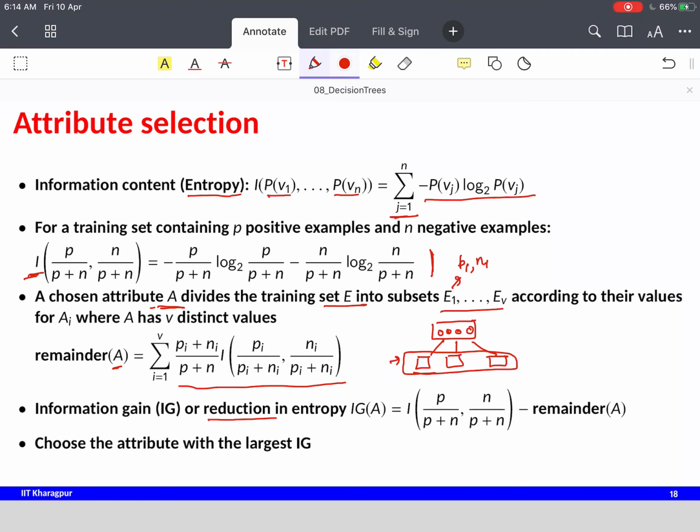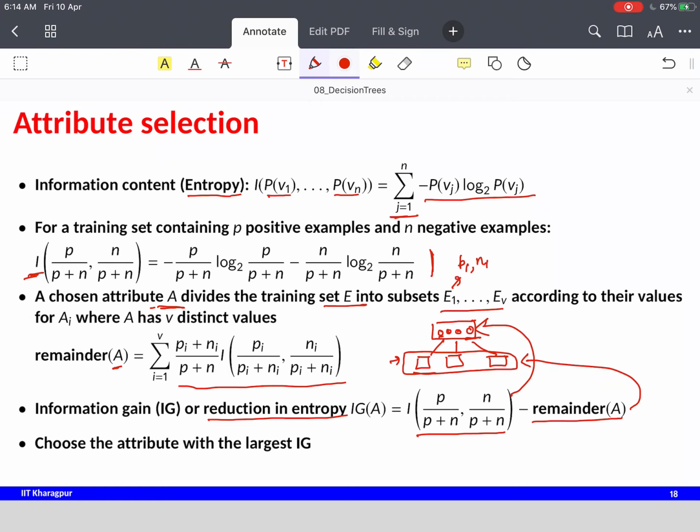So the information gain, or the reduction in entropy, will be the difference between the original information and the remaining part. This part corresponds to this one, and Remainder(A) corresponds to this one. So I have the original examples here.